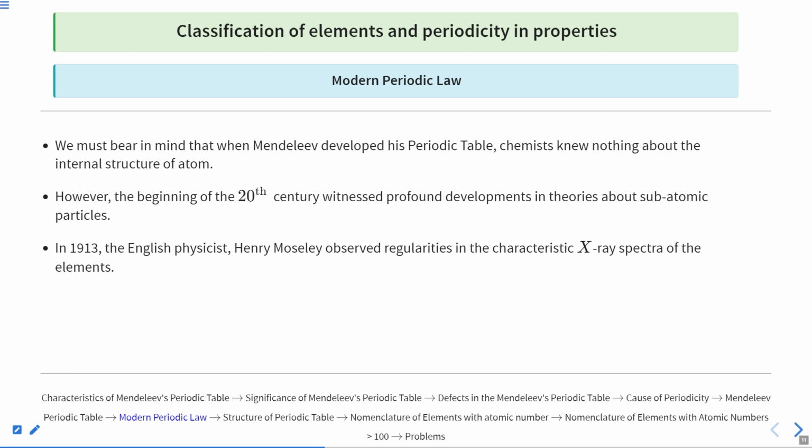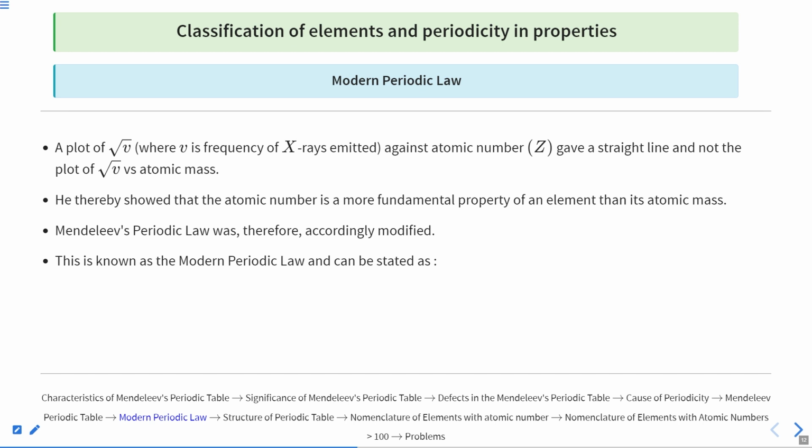In 1913, Henry Moseley observed regularity in the characteristic X-ray spectra of the elements. A plot of square root of nu against atomic number gives a straight line, and not the plot of square root of nu against atomic mass. So this is the point where we turn our faces away from the Mendeleev periodic table.